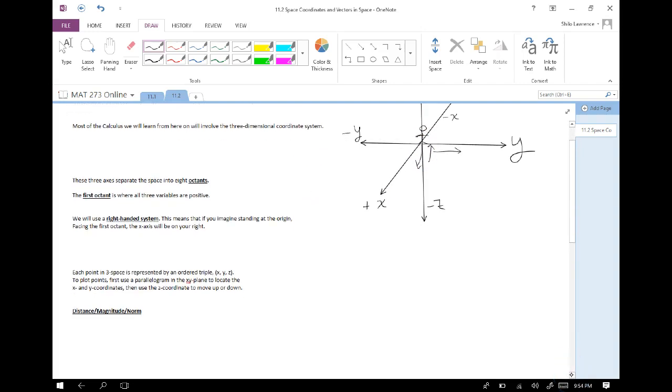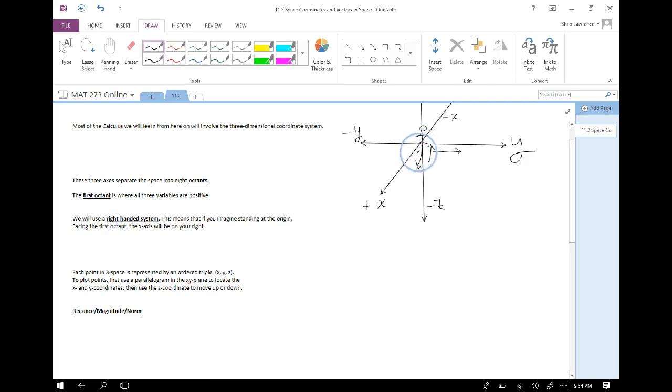To plot points in the 3-dimensional system, all of these axes are at 90-degree angles, but the way that we have to visualize 3 dimensions on a 2-dimensional screen here is with that diagonal x-axis. The xy plane in these 3 dimensions is the plane that's completely horizontal.